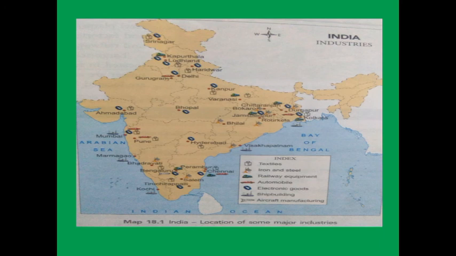In Odisha, Koraput is there. And the next place we have seen, Nasik in Maharashtra and Hyderabad. Here in Hyderabad also aircraft is there. So these are the important places for aircraft manufacturing.